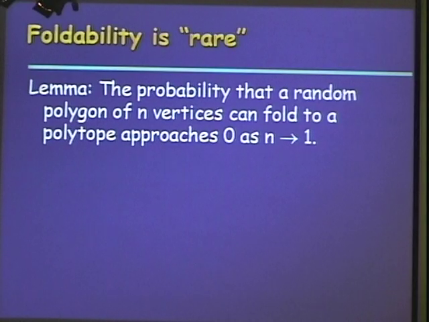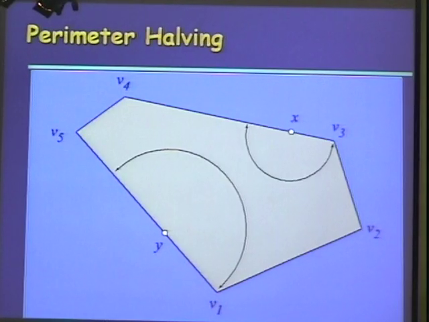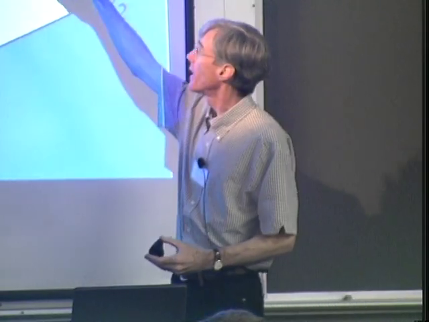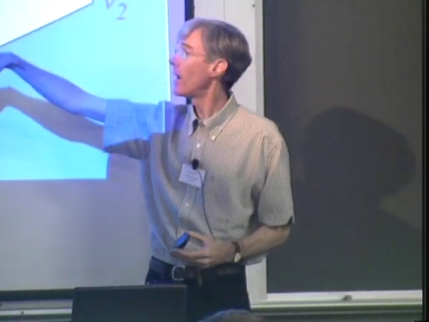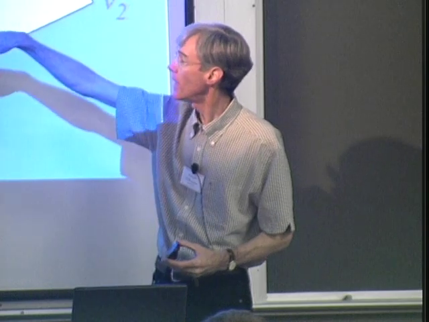So it's rare, although it's actually common in that every convex polygon folds to infinitely many convex polyhedra. Here's a simple proof. Take a point x, go halfway around the perimeter, mark y, glue xy to yx.